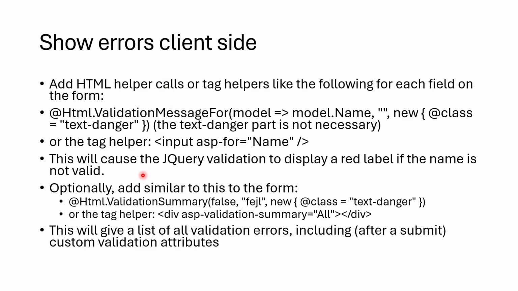Okay. So we had the validation messages. Also you can have a summary. And the summary only comes if you do a submit. And you can ask yourself, how can I do a submit if the validation is preventing the submit?